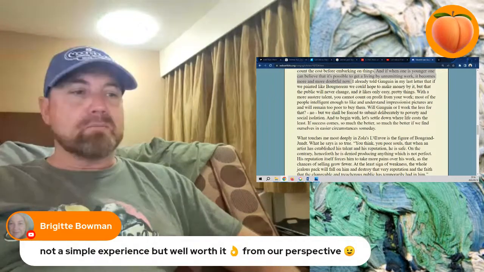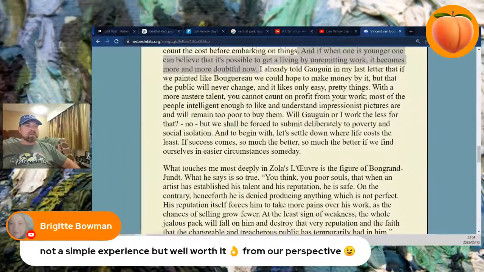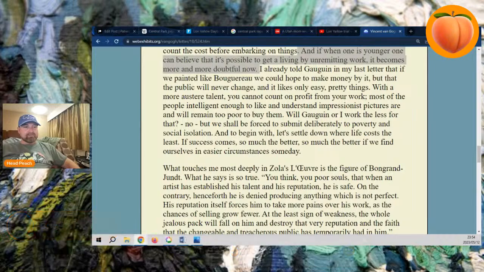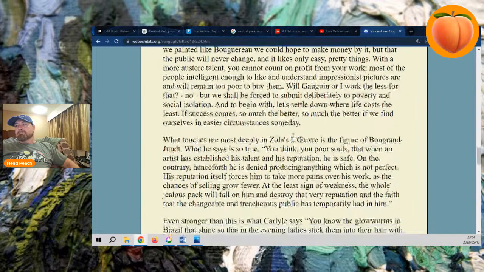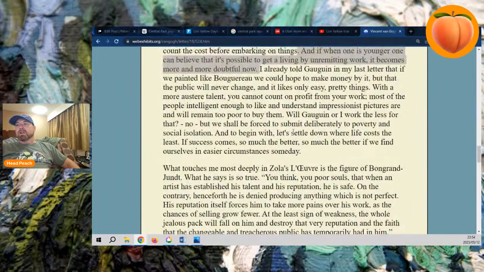Okay, so let's get back to Van Gogh's letters and not Nick's complaints or Nick's issues. Okay, so he says, I already told Gauguin in my last letter that if we painted like Bouguereau, we could hope to make money by it, but that the public will never change and it likes only easy, pretty things.